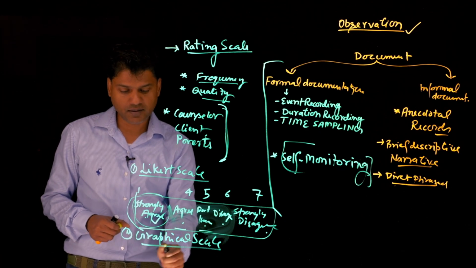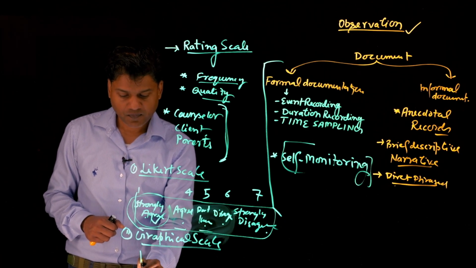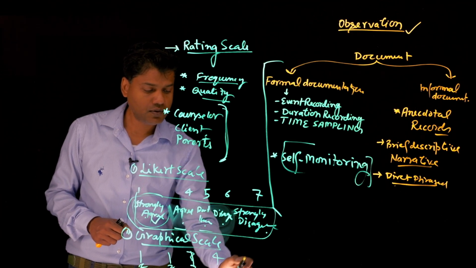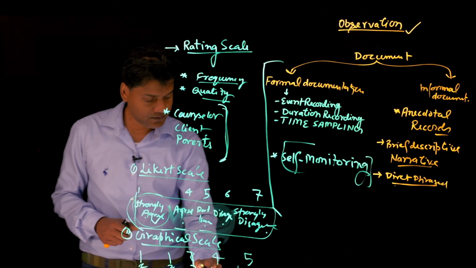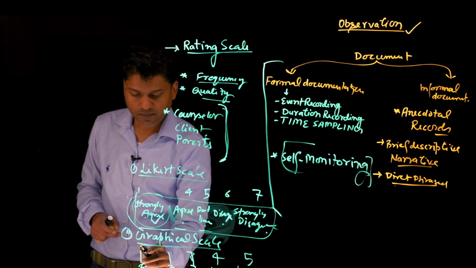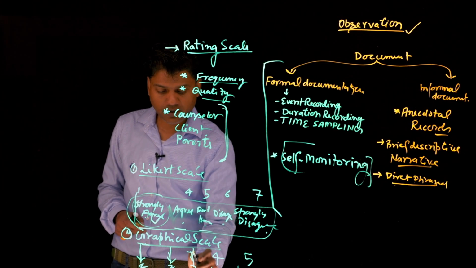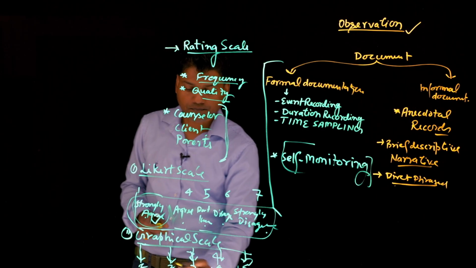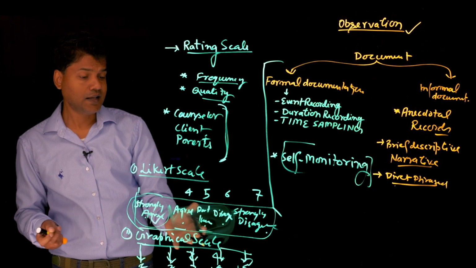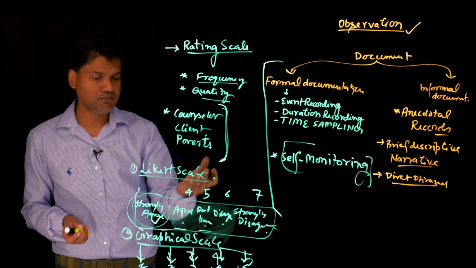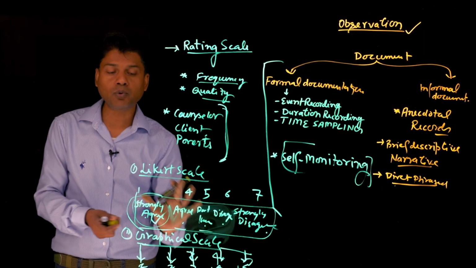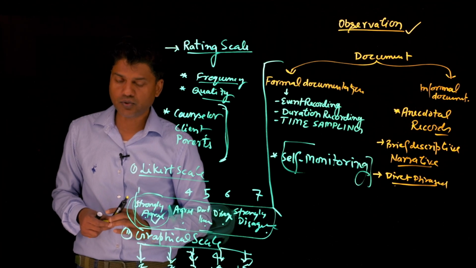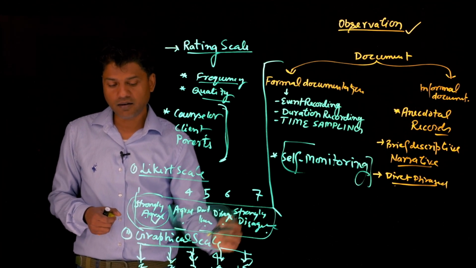So you have, let's say, 1, 2, 3, 4, 5, and then you have a graphical representation where people respond 5, 4. So it's a graphical scale. It's a variation of the same Likert scale, with a little more graphic to it, so it becomes easy for younger children to respond.